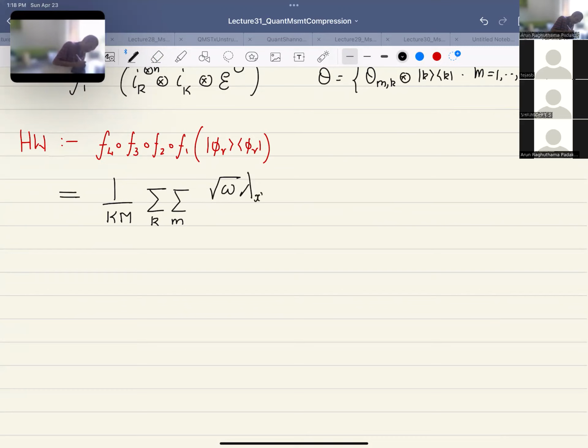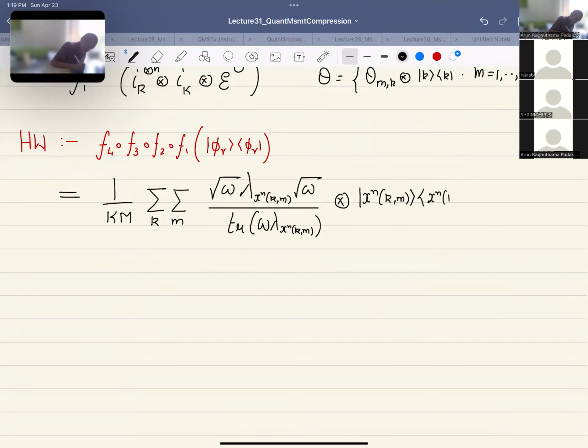Lambda xn of k comma m root omega by trace omega lambda xn of k comma m tensored with xn of k comma m. Remember, you will only have the reference space and the outcome space. That's all you will have. This is what you will get.